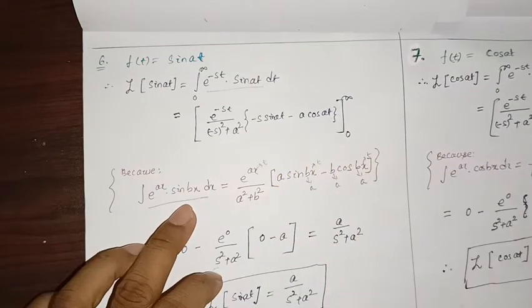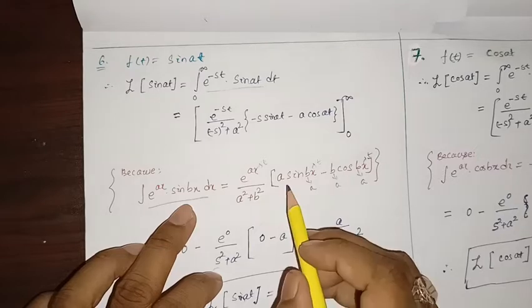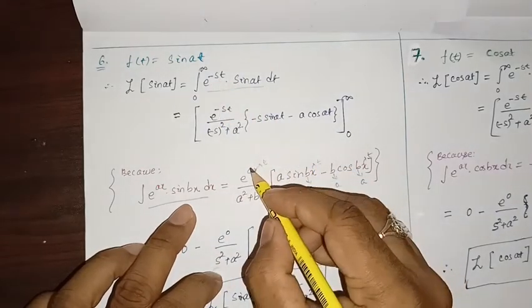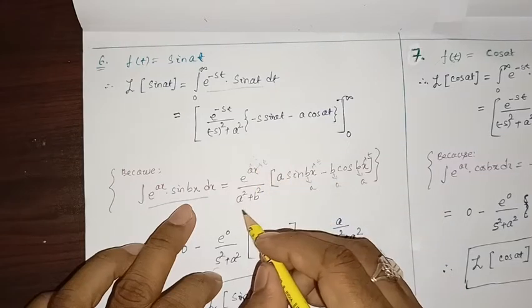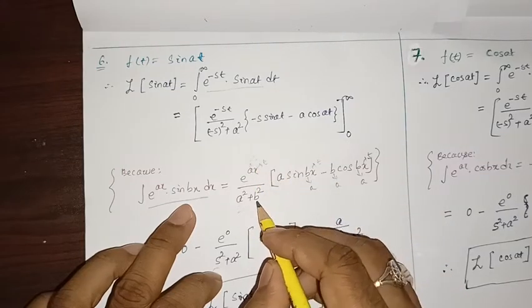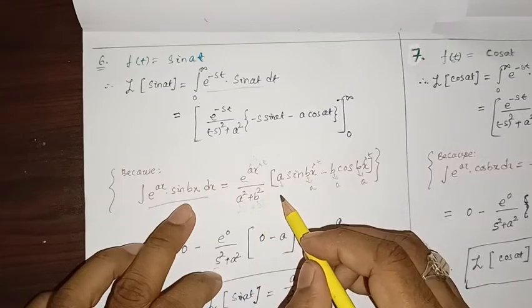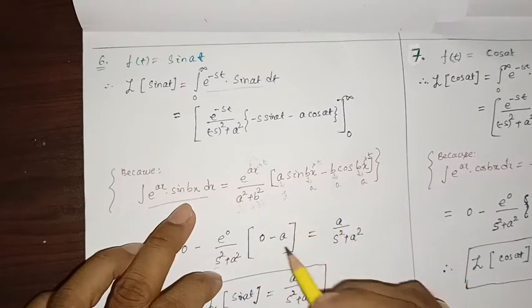And instead of a we have to put minus s, so this a will be minus s, and the denominator will be minus s square plus b square, and b square means a square.